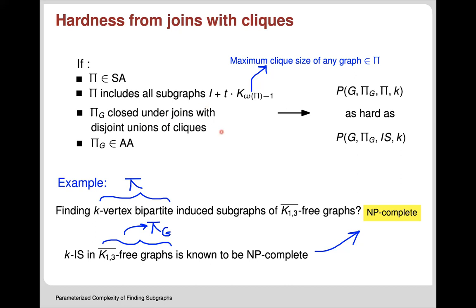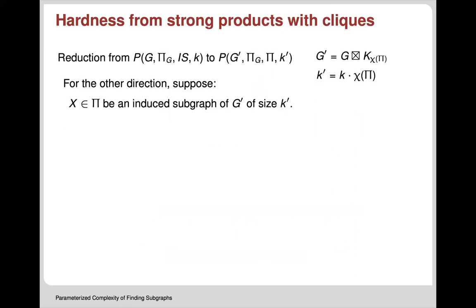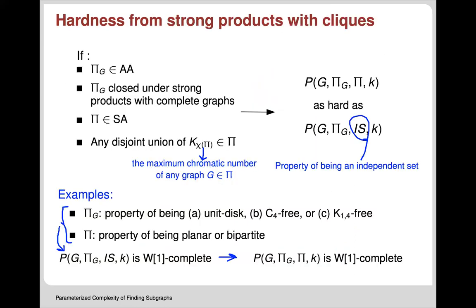Is it clear? Okay. So if I go back, in these graph classes, like unit disk, if you take a strong product, that is, you replace every vertex with a clique and add the edges between the cliques corresponding to the vertices, then you still get a unit disk graph.